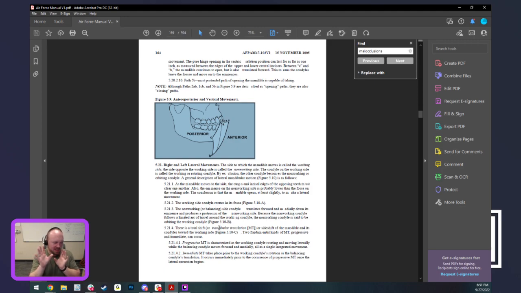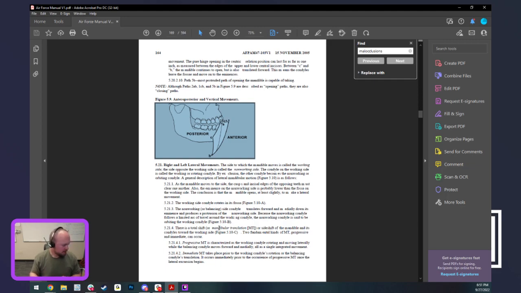Progressive MT is characterized as the working condyle rotating and moving laterally. Working condyle, while I'm doing this, the working condyle is here. This is the working side, non-working side. The working condyle rotating and moving laterally into this full position. This torques forward and this kind of torques back.